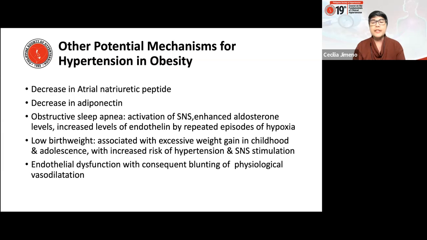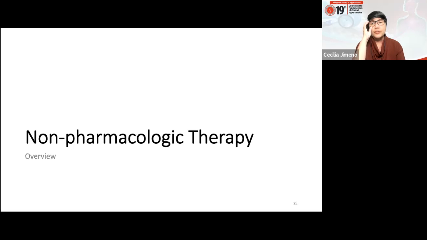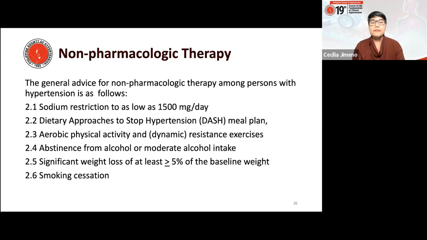So how do we treat hypertension among persons with obesity, metabolic syndrome, and diabetes? Of course, we talk about non-pharmacologic therapy first. And the general advice among these persons is actually the same as in the general population. And this is taken from the Philippine Practice Guideline for Hypertension in 2020.